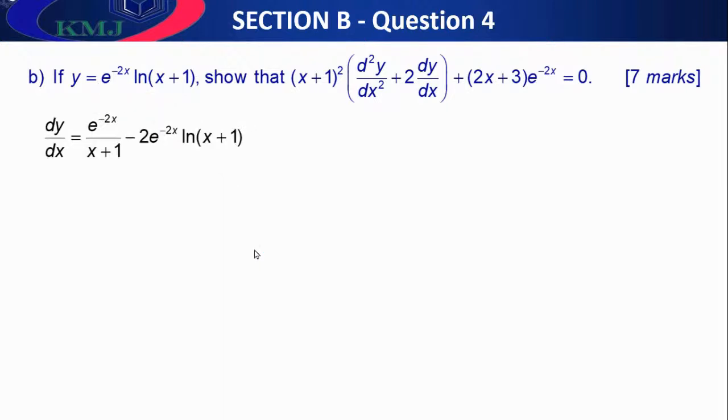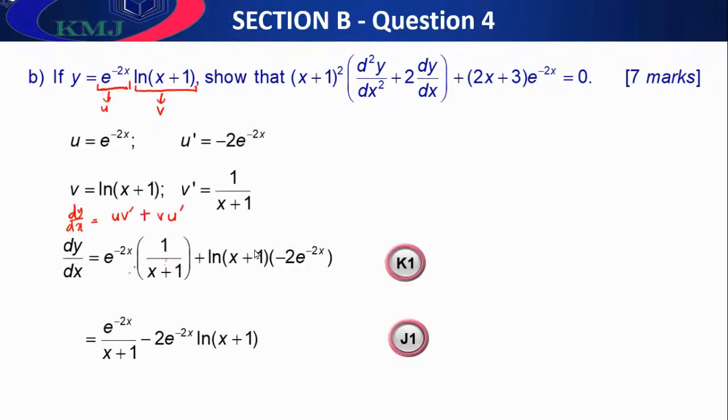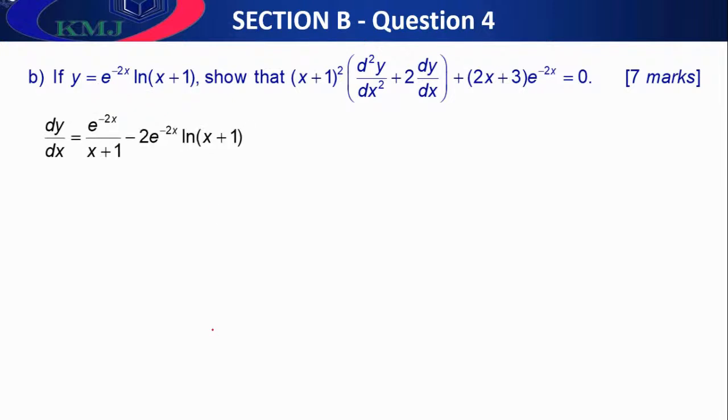Okay, next, we need to find the second derivative. Remember from the previous, this is the final answer for the first derivative: e^(-2x)/(x + 1) minus 2e^(-2x) ln(x + 1). If you notice, we found the function for y here. y equals e^(-2x) ln(x + 1).